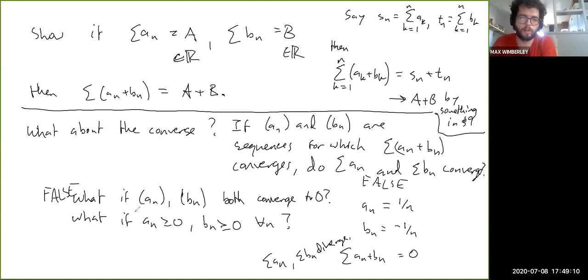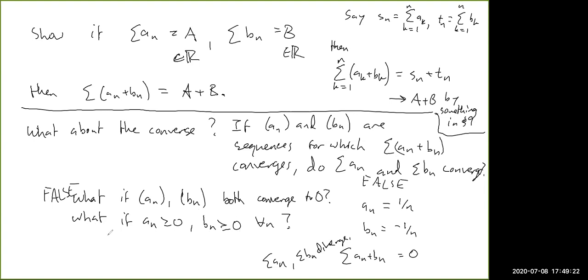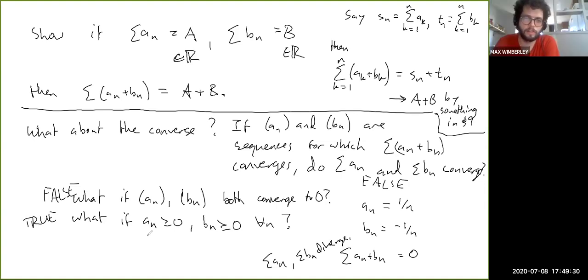What about this third condition? Then that means it passes the comparison test, and so it converges. It's less than something that converges. Exactly. So in this case, you can say that a_n converges just by comparison to a_n plus b_n.